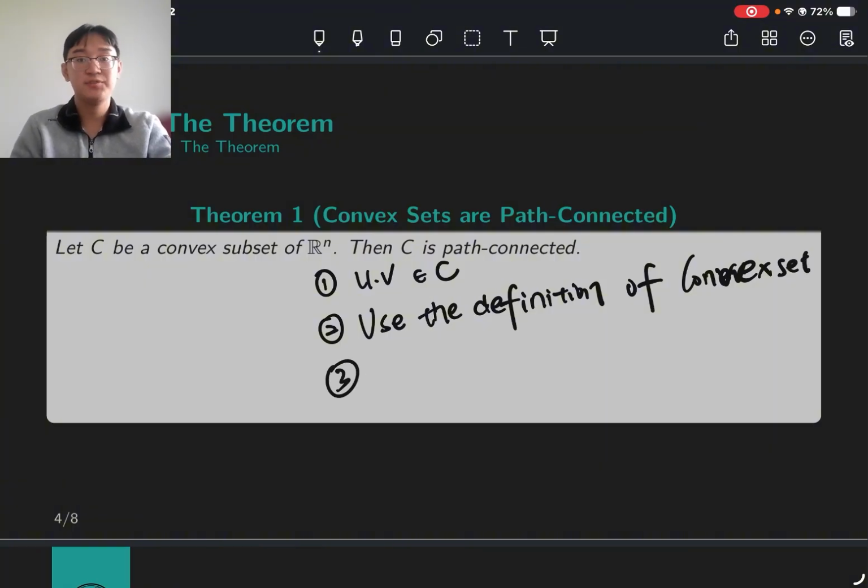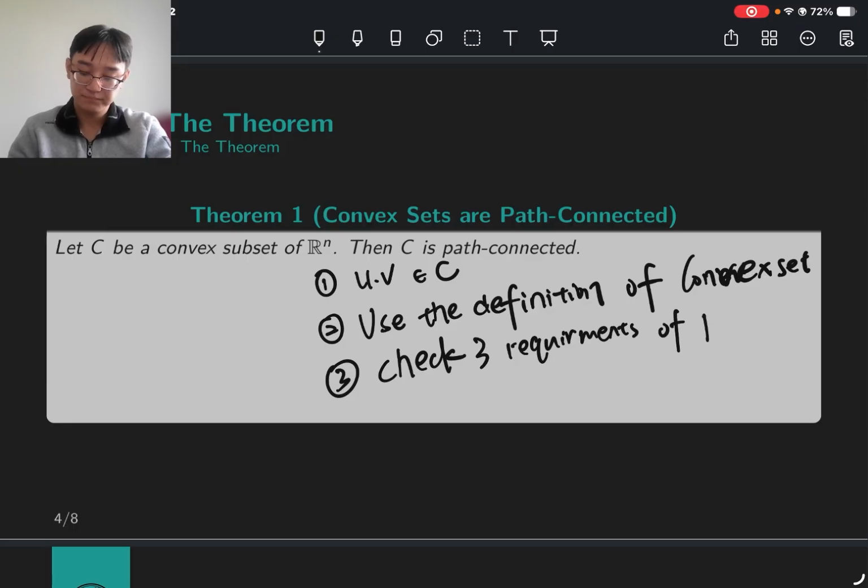Then we need to check all three requirements of path connected. If we've done all the steps, then we could conclude that C is convex, therefore path connected. So the final step is the conclusion.